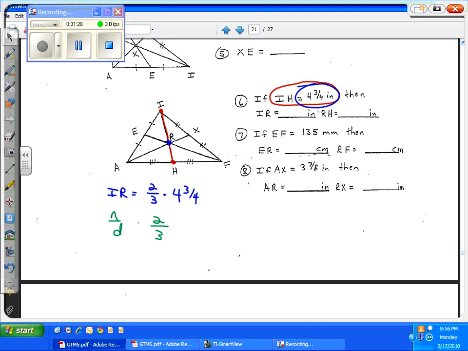The fancy word is denominator. We're going to have to change this 4 3/4 to an improper fraction. So we go 4 times 4 is 16 plus 3 is 19 of those little fourths. That's in the Algebra 1 textbook around page 10, 11, 12, right in there.